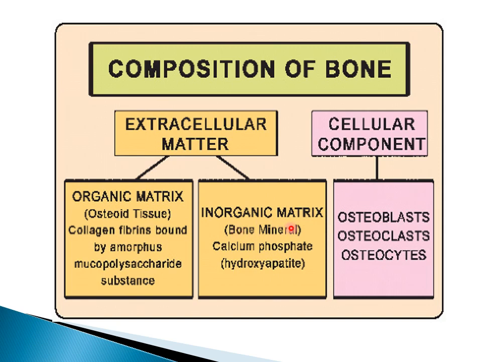The inorganic component consists of the minerals, in which the calcium phosphate in the form of the hydroxyapatite crystals is the major mineral which is present in it, and the other minerals are also present like the bicarbonates, magnesium, and the calcium and the phosphate in the free form. The organic matrix of the bone consists of the proteins, the collagen fibers bound by the amorphous mucopolysaccharide substance.